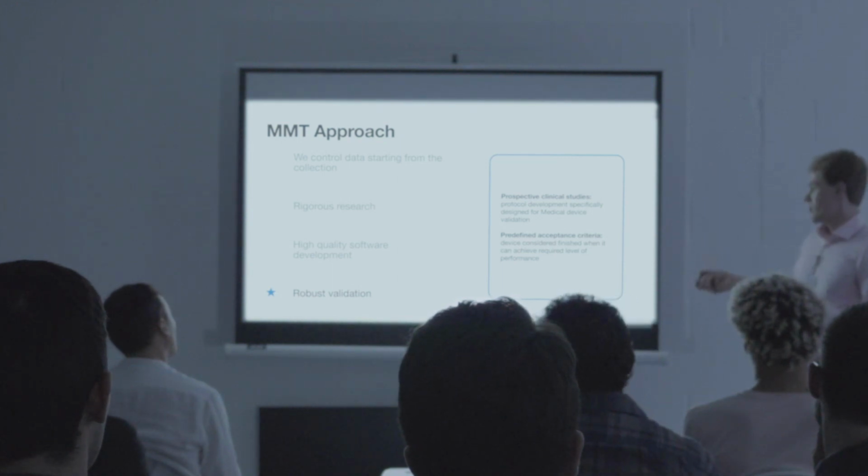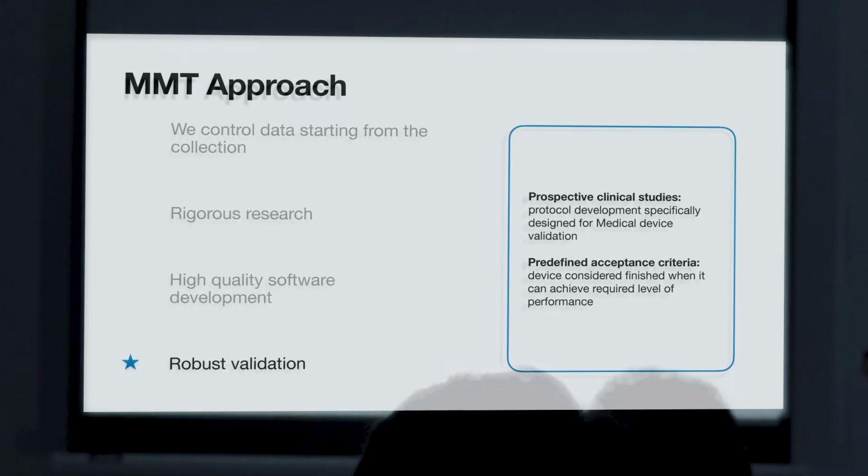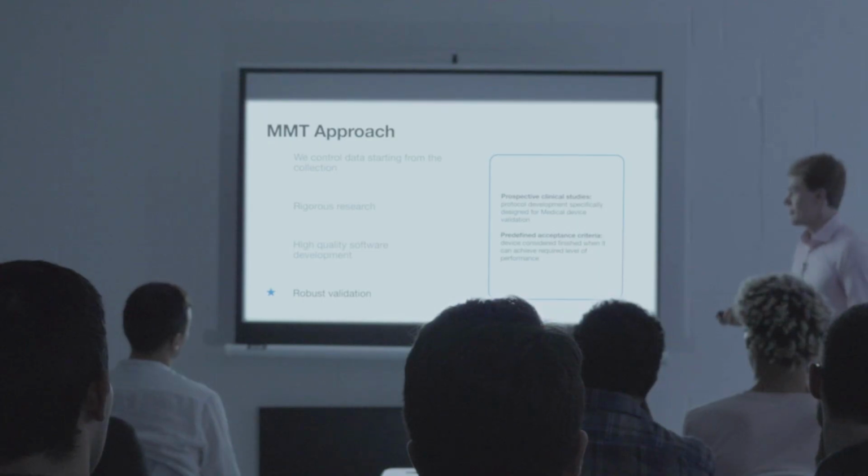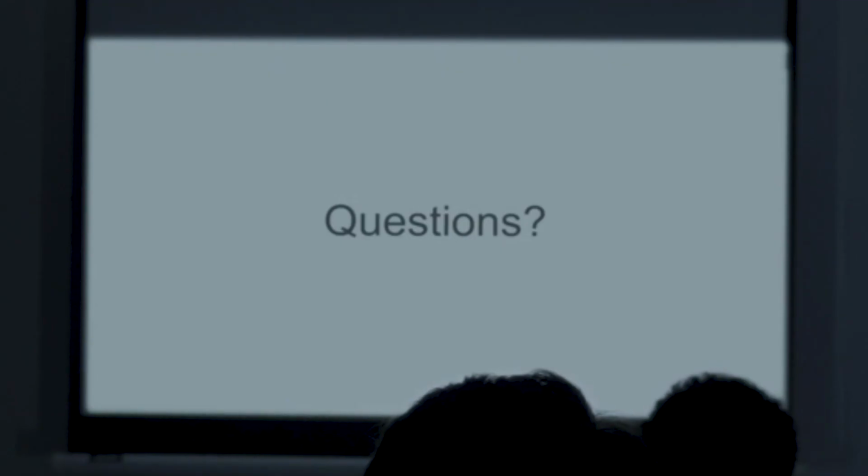And the second step here, which in machine learning research is not always followed, is that we also predefine our acceptance criteria before we see the results. So we can make sure that no bias, as I mentioned before, crept into our validation. Well, that's all I have for today.